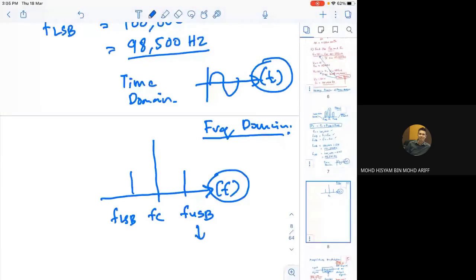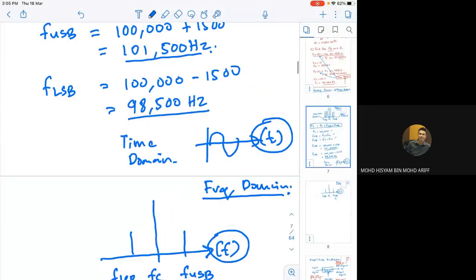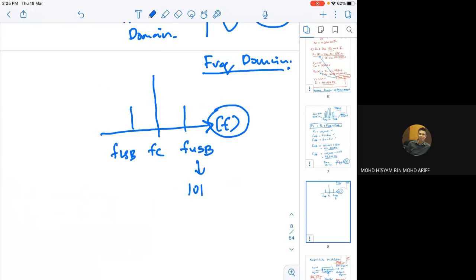F upper sideband equals 101,500 hertz, and your FC is 100,000 hertz, and F lower sideband equals 98,500 hertz. Easy.